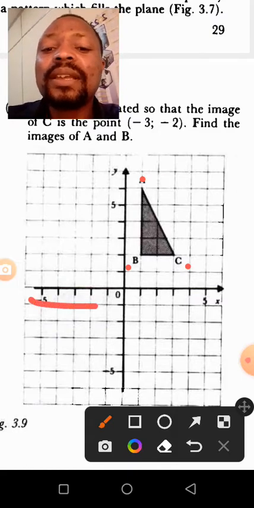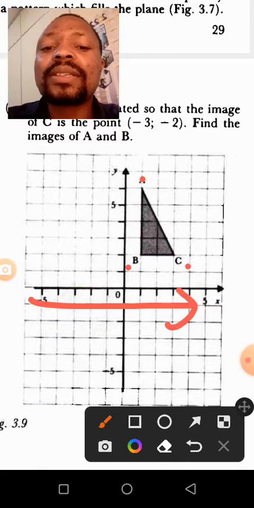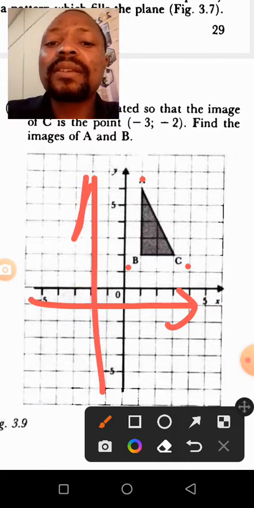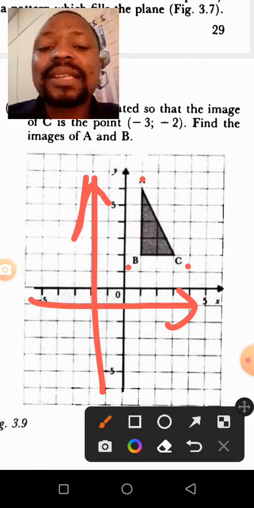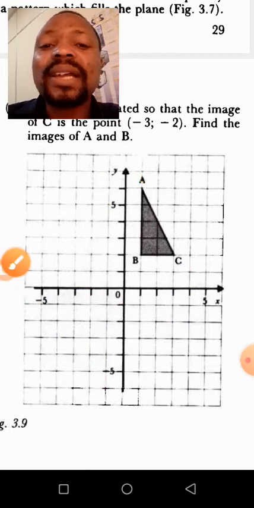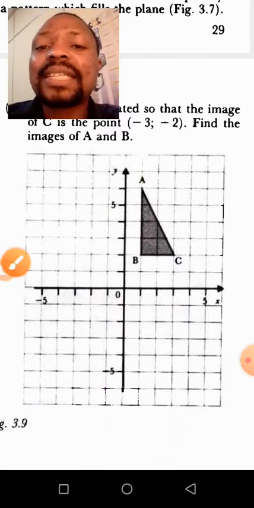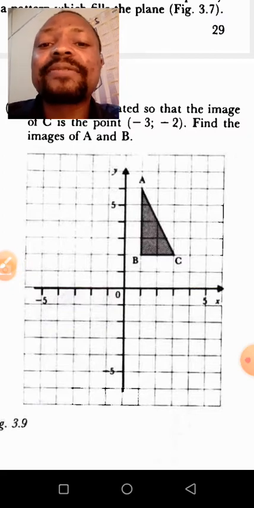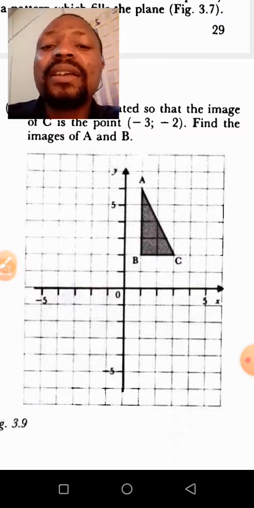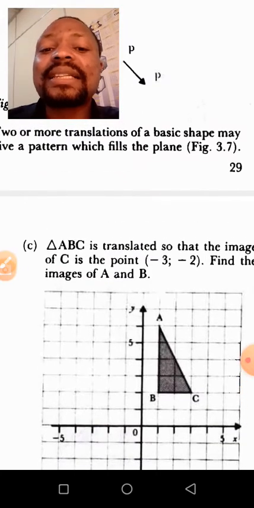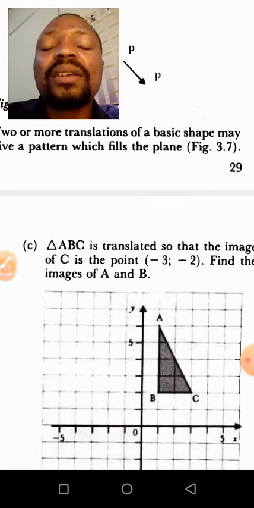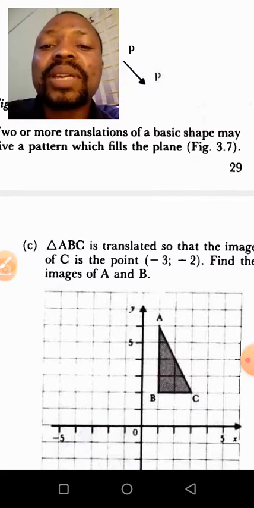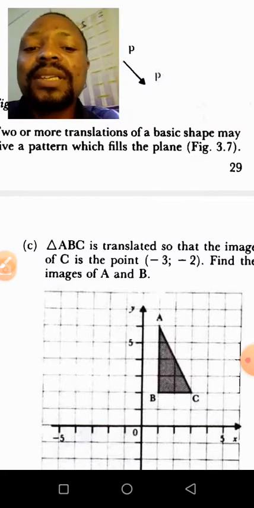So that is the translation. You need to know and understand the translation factor. You must be given a translation factor that will allow you to translate a shape from its original shape to the other image.